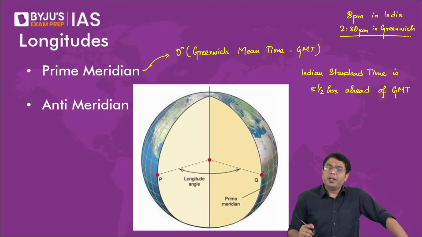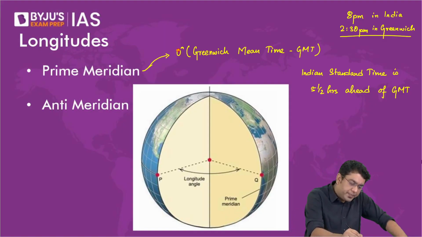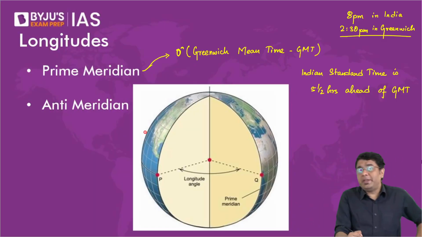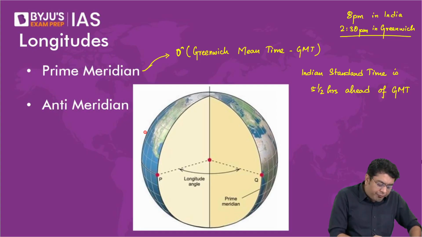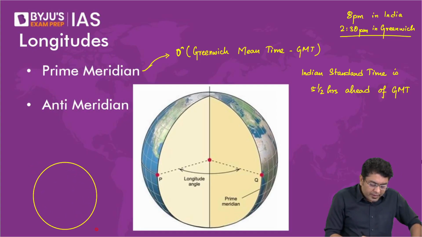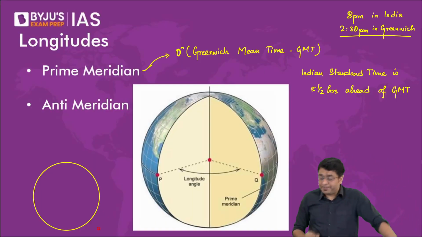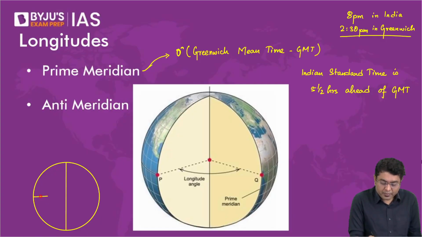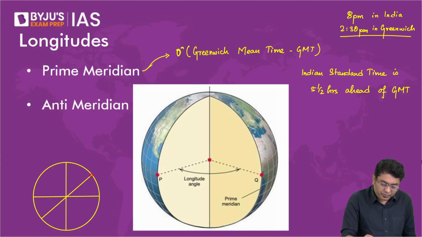Now, this is taken as 0 degree. That is the prime meridian. Now, exactly opposite to the prime meridian, what will be the angle? For that, let us take a top view of the planet Earth. Let us crisscross this with the various different longitudes. Let's assume all these longitudes are meeting at the North Pole. We are looking at it from above the North Pole region.